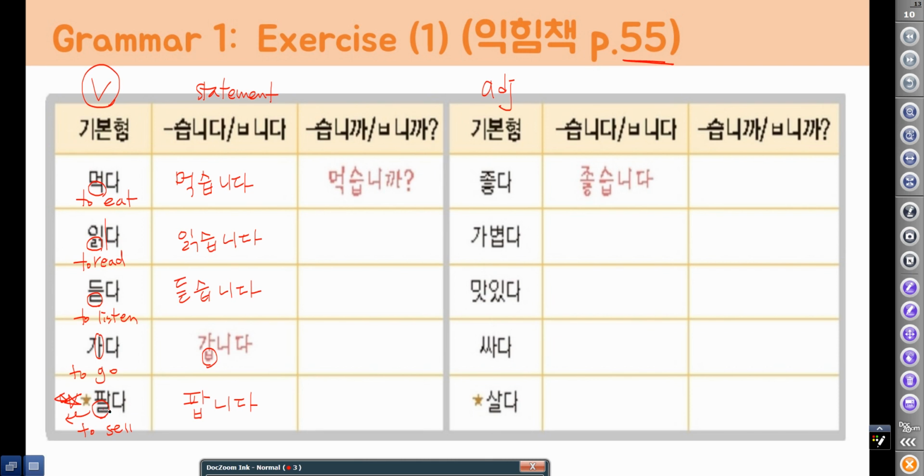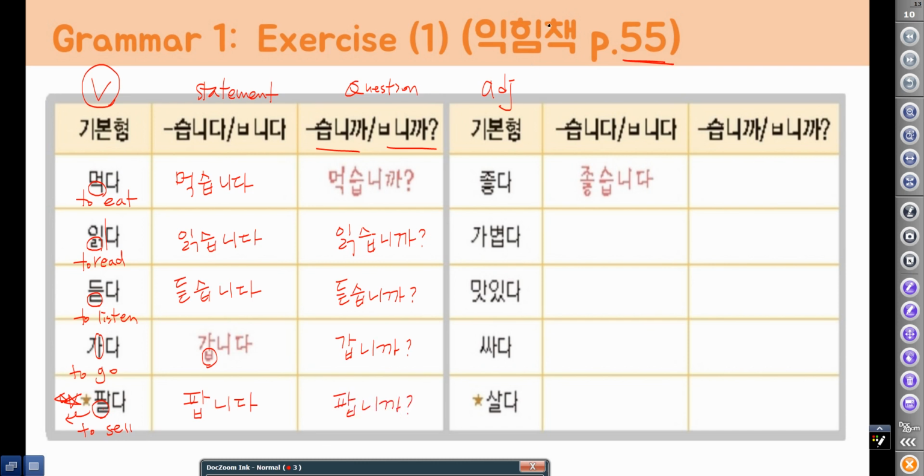So there is a consonant, but when you conjugate it's like the word ends in vowel. 팝니다. Okay? Then questions. 씁니까 or 비읍니까? 먹다, 먹습니까? 읽다, 읽습니까? 듣다, 듣습니까? 가다, 갑니까? 팔다, 팝니까?